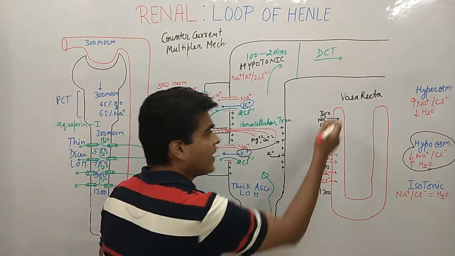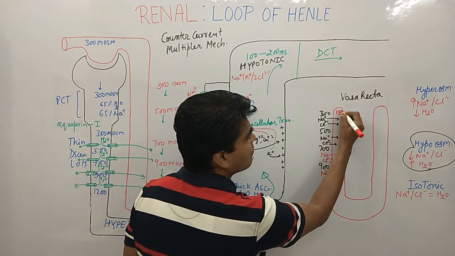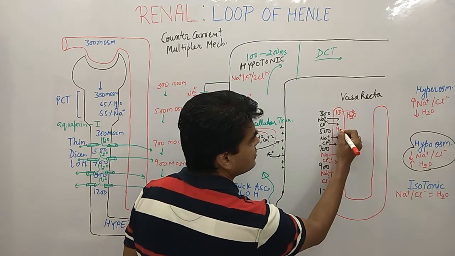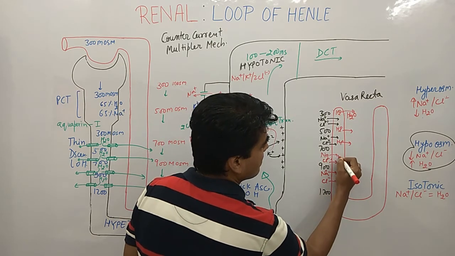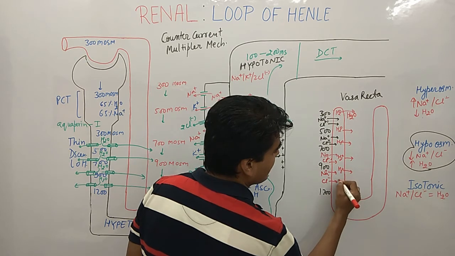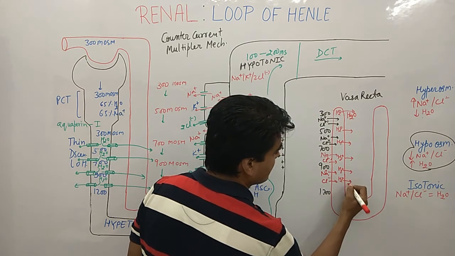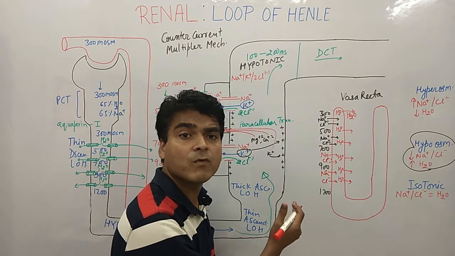Clear? Now what happens within the vasa recta? H2O is further moving in this direction, moving outside from this area. So salt is moving inside and H2O is moving outside, so the area becomes more and more salty.